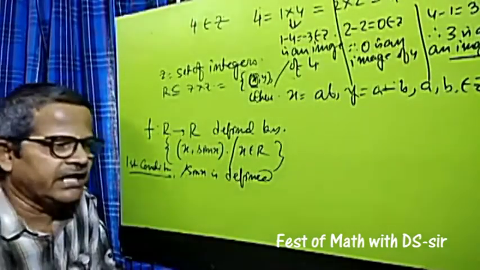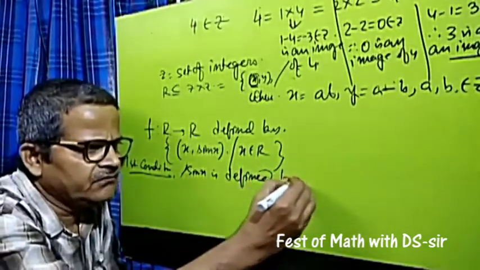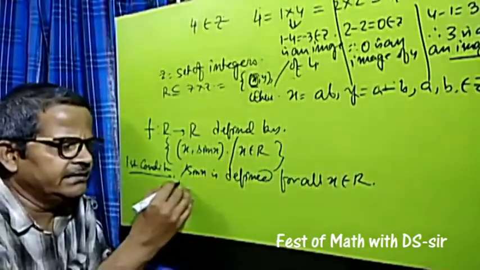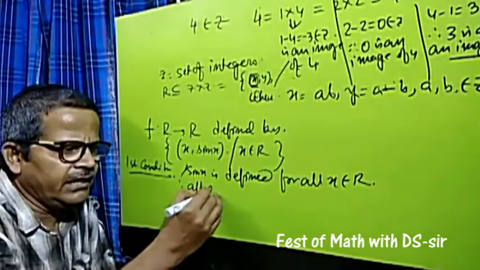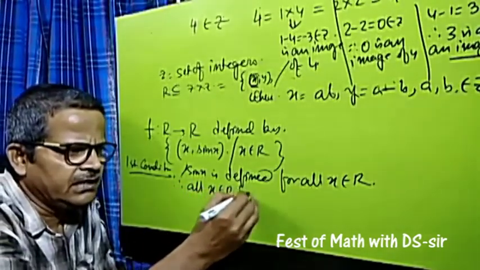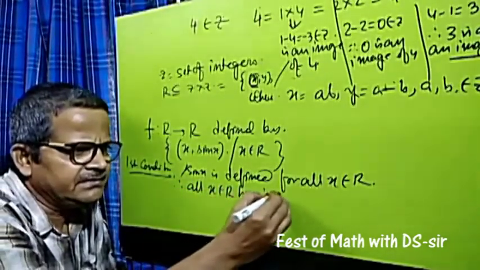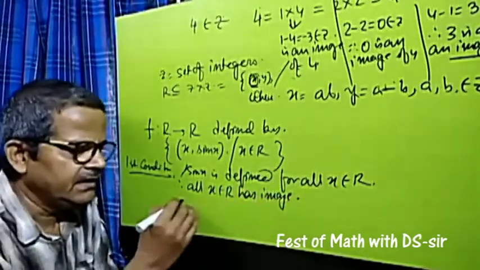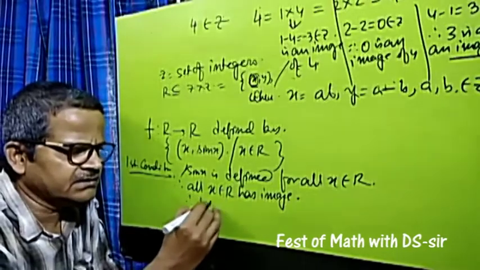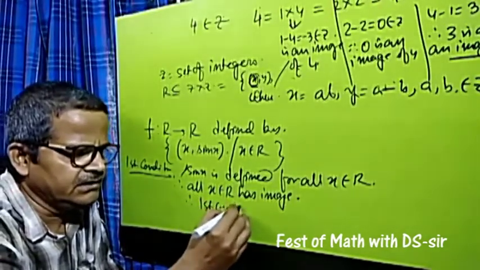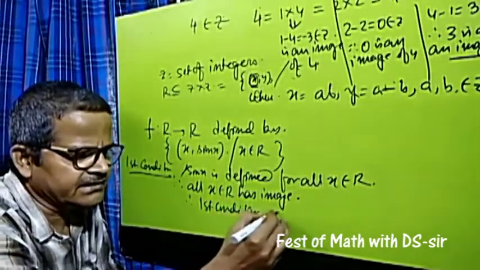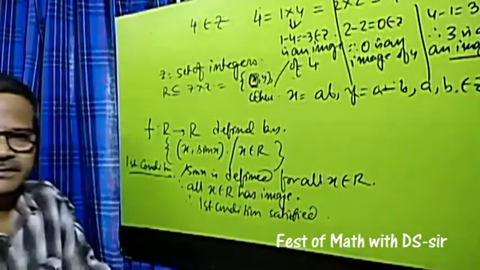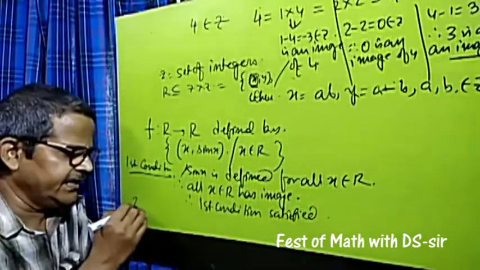No. Sin X is defined for all X belonging to R. Hence, every X belonging to R has an image. Hence, the first condition is satisfied. Next, the second condition.